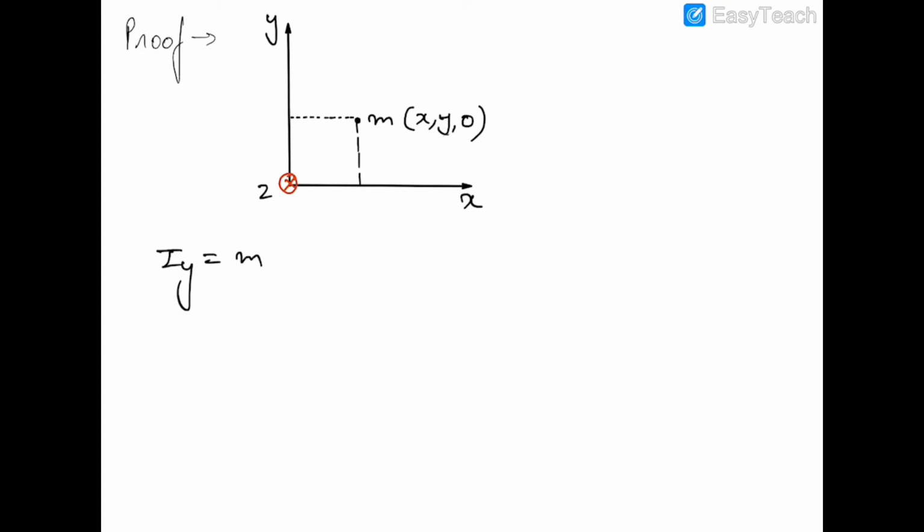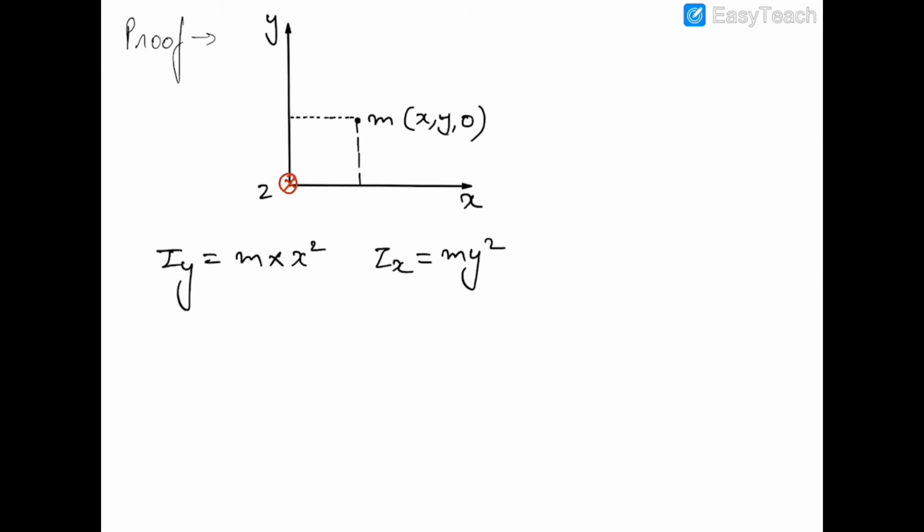It would be m into this distance squared. Now this distance is x, so this would be mx squared. The moment of inertia of this mass along the x-axis would be m into y squared, because this distance is equal to y. This is my squared.